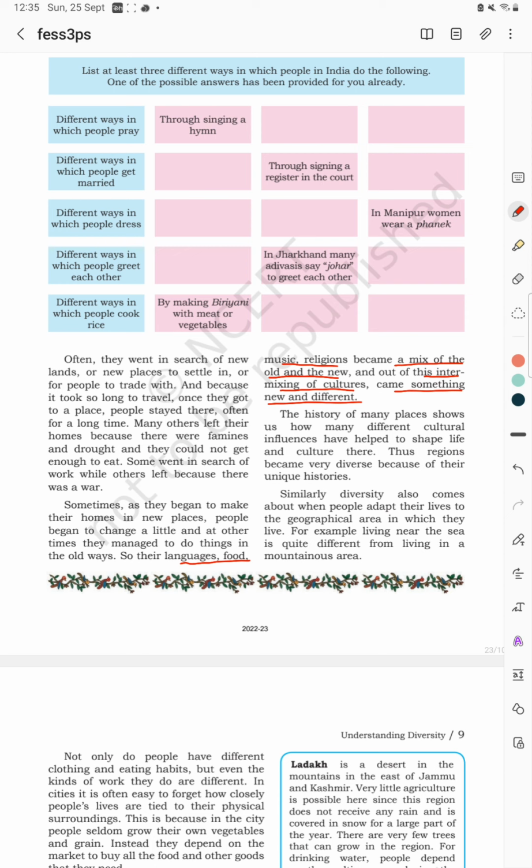The history of many places shows us how many different cultural influences have helped to shape life and culture there. For example, in Kerala, Arab and Chinese traders came, and they brought along with them their culture and traditions, and they learnt the traditions and culture of the native place of their arrival. Thus regions became very diverse because of their unique histories.